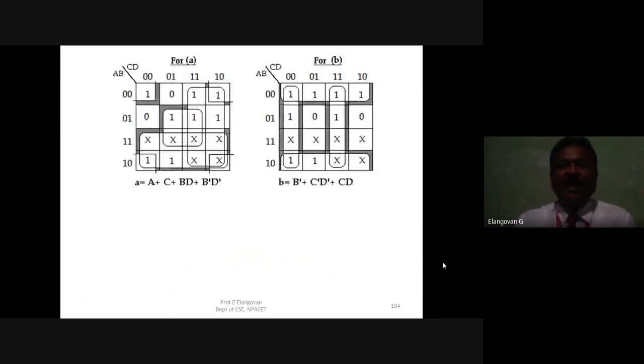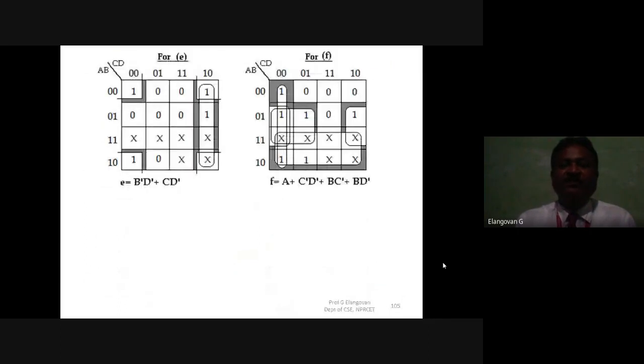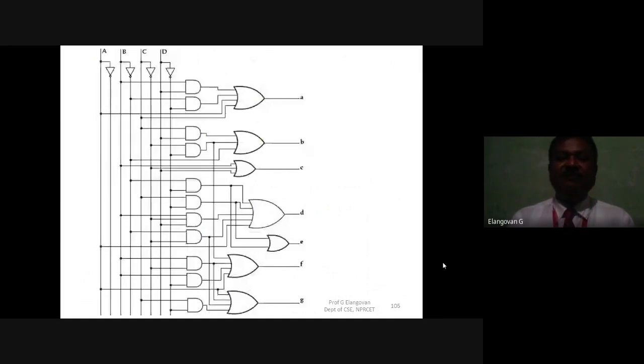This is for A and B, this is for C and D, this is for E and F, and this is for G. You can see the 6 combinations marked as X are permanently don't care variables, so they are involved in the simplification process. After simplifying, we get the reduced circuit diagram like this. This circuit will convert the given BCD to 7 segment format.